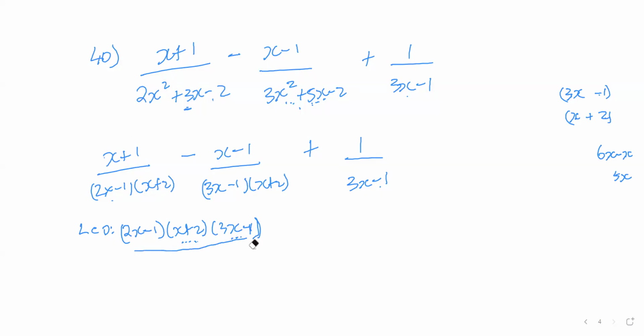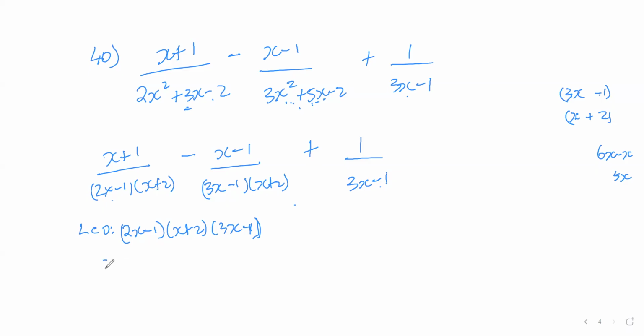Once you have your LCD, the next thing to do is to multiply each term by your LCD and see the terms that cancel.